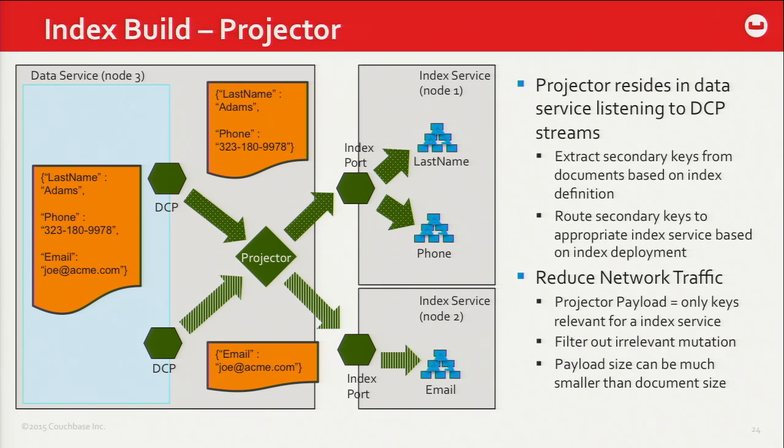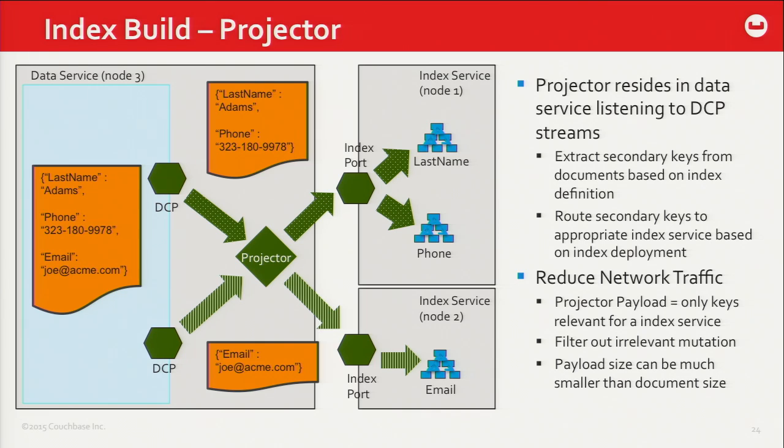So it will create a document fragment with only last name and phone, and forward that document fragment to node 1. Similarly, it sees that node 2 has an index for email, so it will create another document fragment and forward that over to node 2.